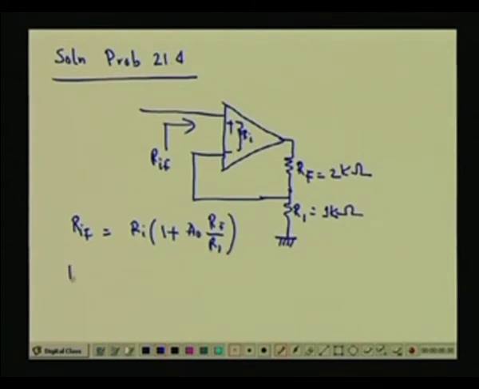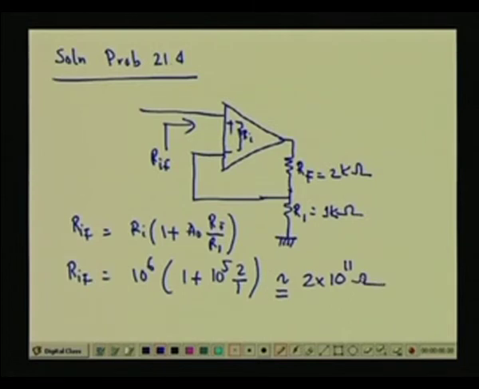So RIF equal to 10 to the power 6 times 1 plus 10 to the power 5 by 1. This will give you almost 2 into 10 to the power 11 ohm, quite high input impedance. Now, if I draw the equivalent circuit of our measurement system, it will look like this.